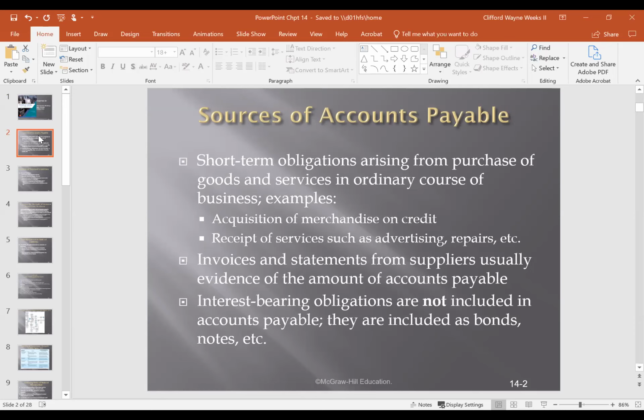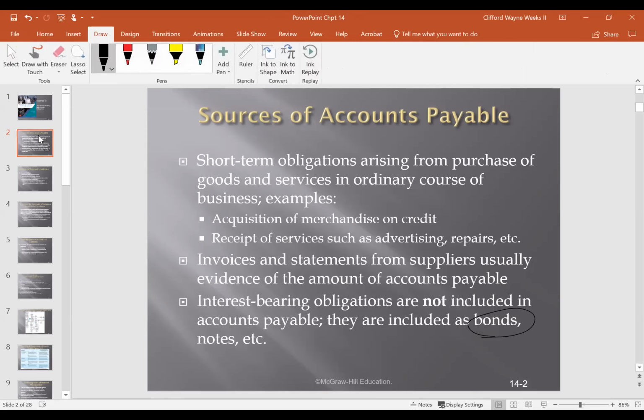Hopefully at this point you've learned that no. The only difference between an account and a note is that a note is written. A note can be long-term, and when we're talking about bonds here, that is long-term, but notes can also be short-term, and we covered that back in Accounting 201, which probably for a lot of us seems like a lifetime ago.